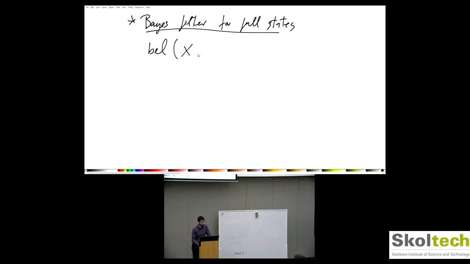Now, instead of having x of t, the last time step that we want to estimate, we are going to estimate all of them, from the origin of times to the current time. So what is this exactly? We are going to have this joint distribution. Imagine you have all your states here, not just the final one, but all of them from 0 to t. And then we are going to condition this, same as before, on all our actions and all our observations.